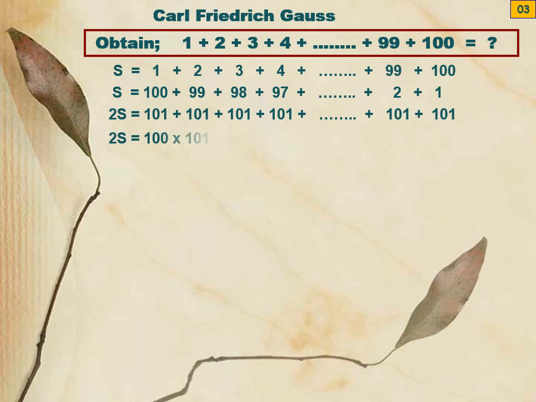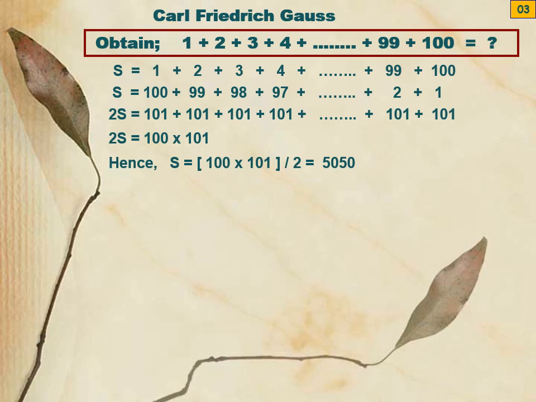That is, 2S is equal to 100 times 101. And therefore S equals 100 into 101 upon 2, and that is 5050. So this is what he did when he was in school, 6th or 7th standard.